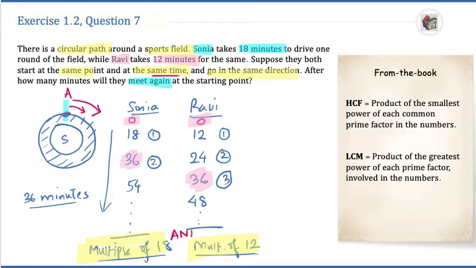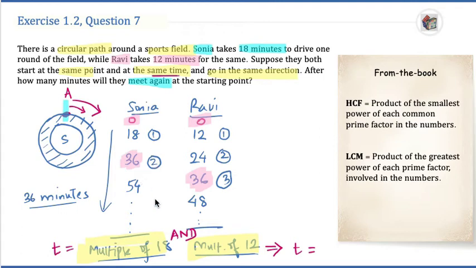So there has to be a connection. Both of them have to happen together. And what does this mean for us? This means that the time that you're looking for, let's just call it t, is a common multiple of 18 and 12.